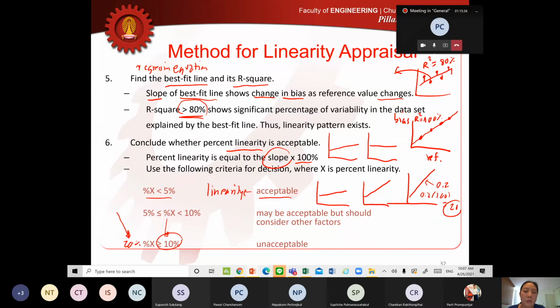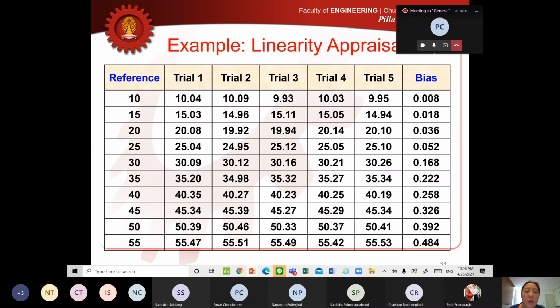So you will say that the amount of linearity is unacceptable, or the slope is too much. And if you conclude like that, you have to do further analysis.